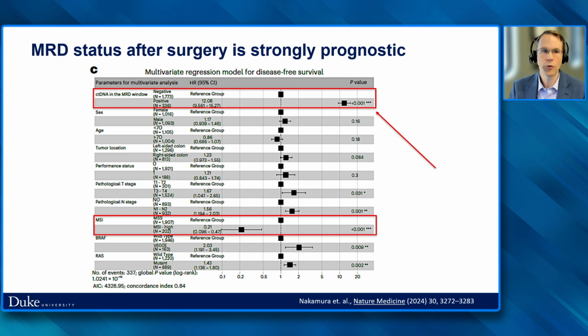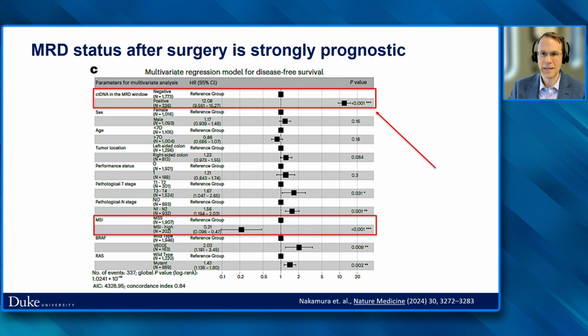So this is the most prognostic assay we've got. I did point out MSI. I just found it to be interesting. MSI high disease confers a favorable prognosis in this data set. So these are probably the most important prognostic risk factors we have, being MRD positive versus negative and MSI high versus microsatellite stable.